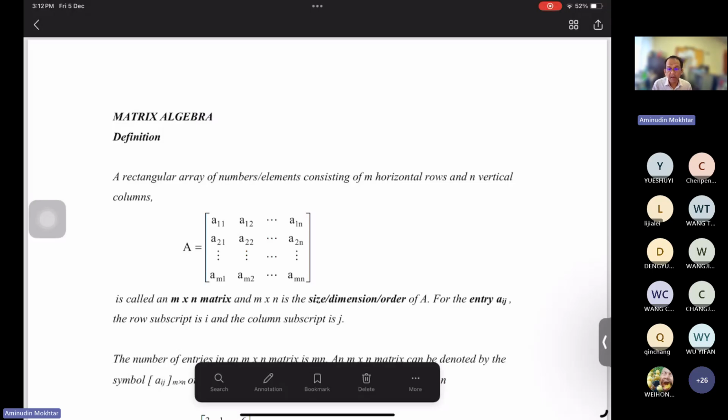Okay, what is a matrix or algebra matrix?